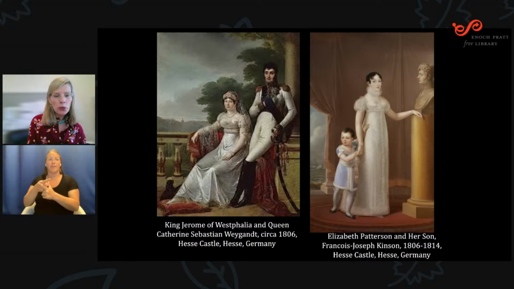And here you see a portrait of him with Catherine, and also an enigmatic portrait that remains at Hesse Castle, commissioned by King, at that time, King Jerome, of his ex-wife, with his son, Jerome Napoleon Bonaparte, grasping her hand, and her hand resting on his bust. He chose to have this life-size portrait ensconced in his private chambers, where it remained for over a century.